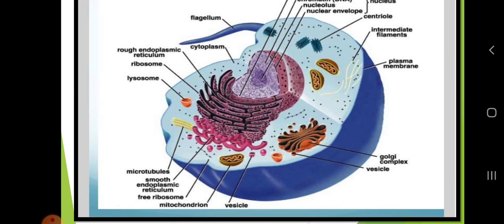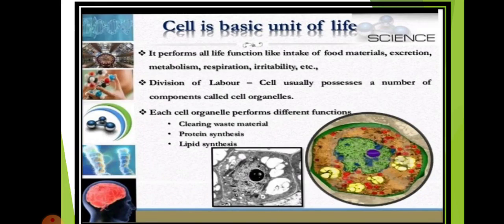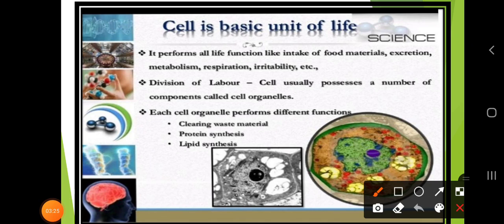Let us study one by one. First, the cell is the basic unit that performs all life functions like intake of food materials, excretion, metabolism, respiration, and irritability. These are performed by the cell itself.